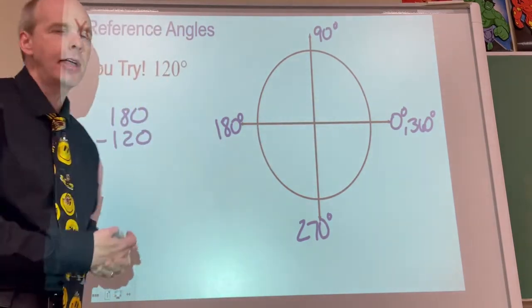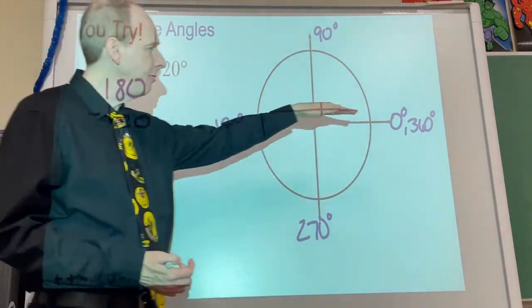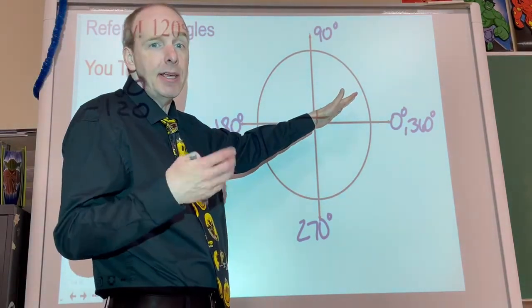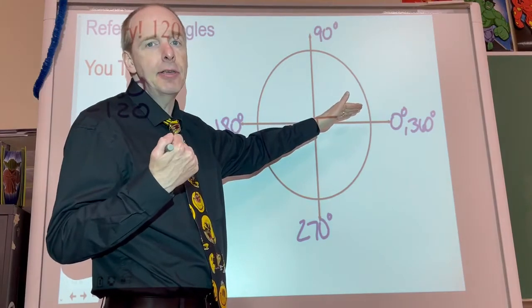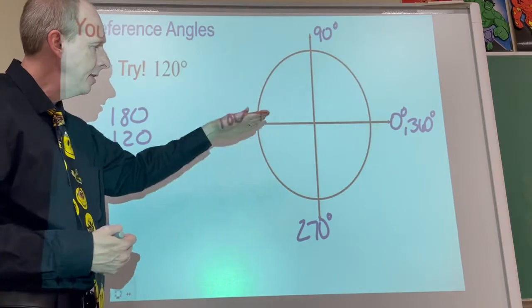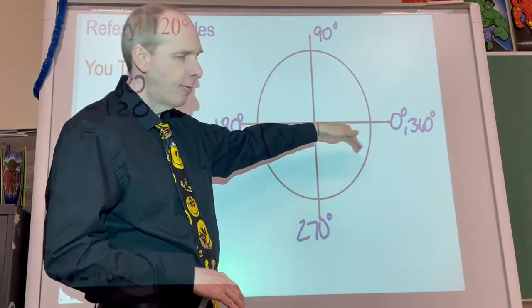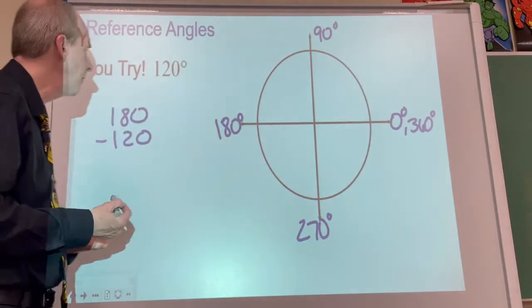So we're always going to be working off of 180 and 360 when we're finding our reference angles. We don't really need to worry about the 0 because it'll already be 30, 45, or 60. But if it's somewhere in here, we're working off of 180. If it's somewhere in here, we're working off of 360.